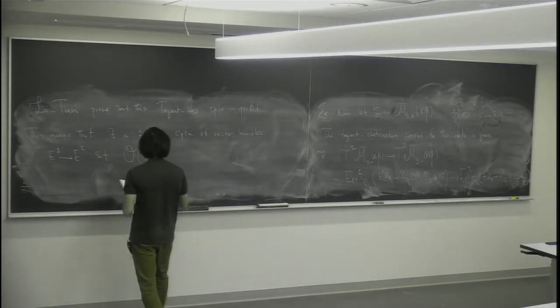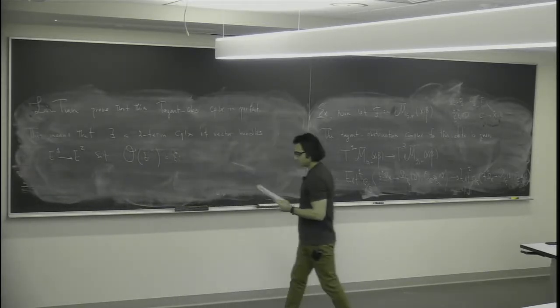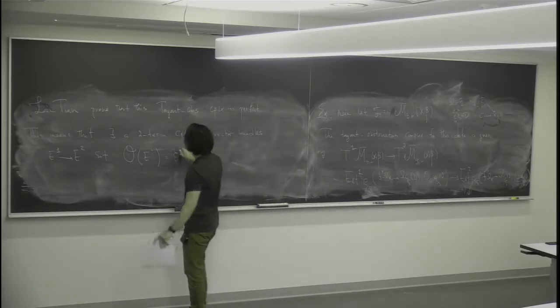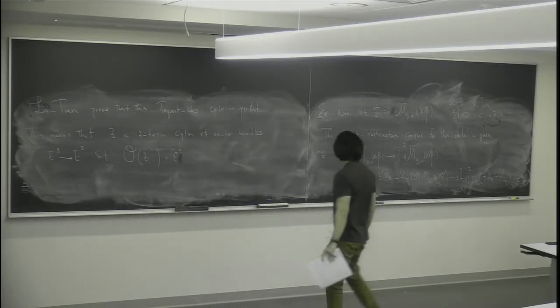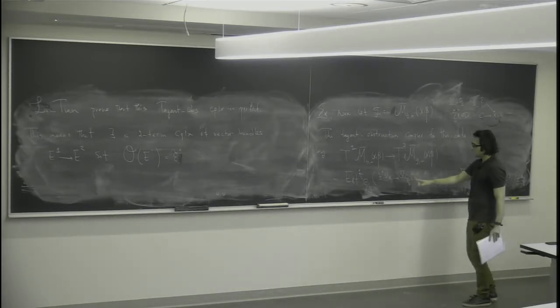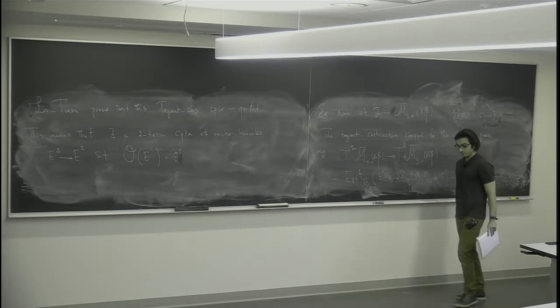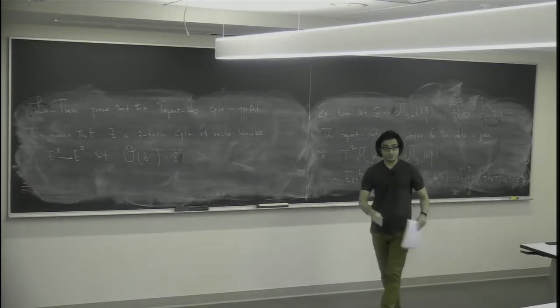Fiber-wise, over the points of the moduli space, the map between these two things is 0. Sorry. So you have the map of differentials, and you also have the E1 and E2. Yes, I have the map of differentials.